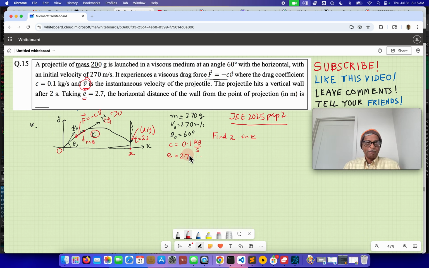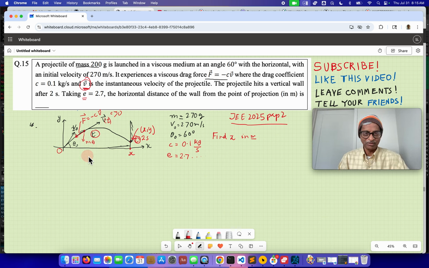All right. So how do you handle this? If you just jump the gun and use regular projectile formulas from memory, you'll be totally wrong. Because regular projectile motion does not have this.